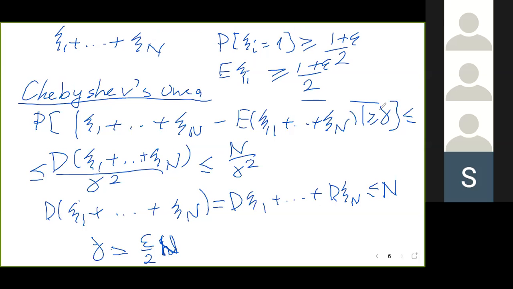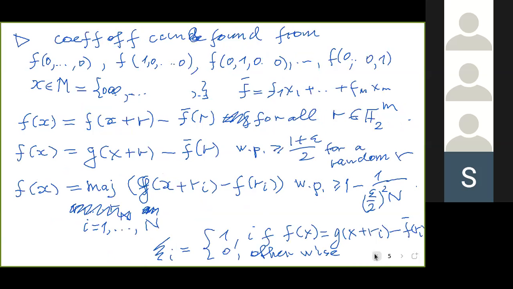So we need to plug here gamma equal to epsilon over 2n, and we obtain for such gamma n in the numerator and squared in the denominator, and so we obtain this bound. So the probability of error will be 1 over epsilon over 2 squared times n.